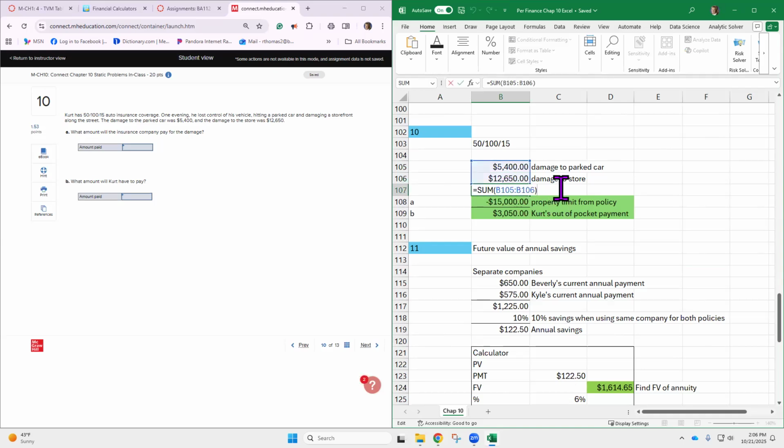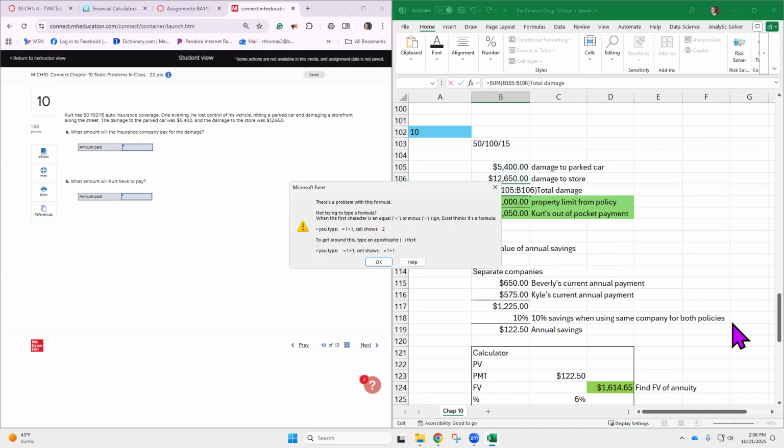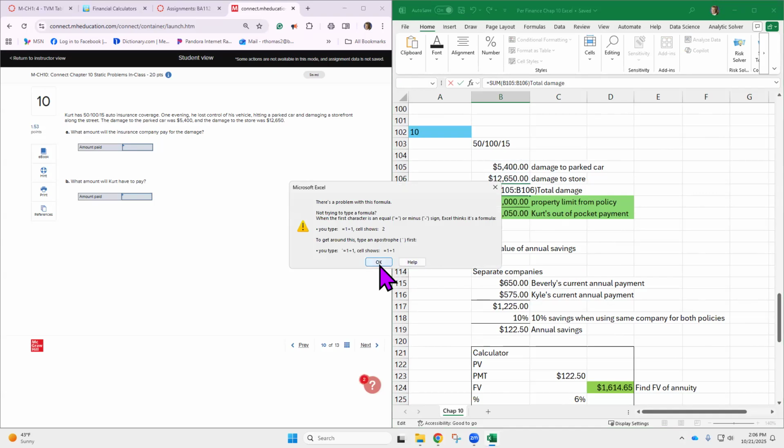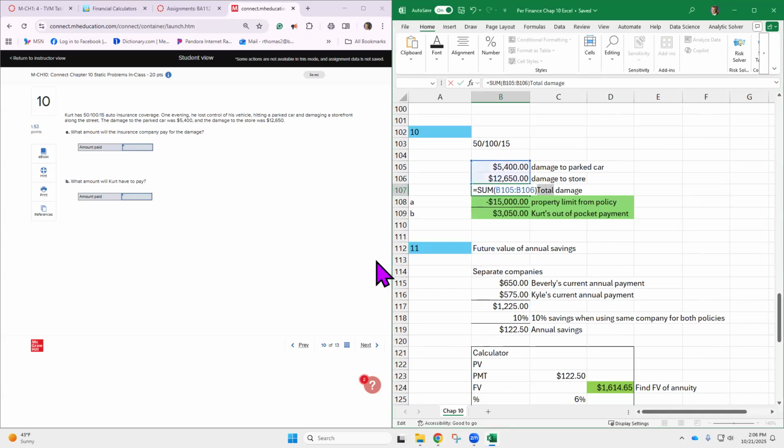So total damage from this accident is $18,050.